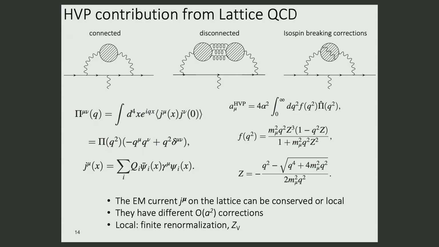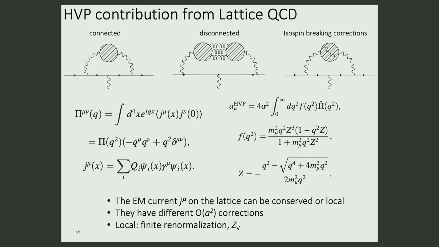And you Fourier transform that, and you get a vacuum polarization function that basically from Lorentz symmetry and gauge symmetry has 2 terms, and they both have the same coefficient, which we call the vacuum polarization. And again, you stick this vacuum polarization into basically this one-loop diagram, and you integrate over all q squared, where q squared is the space-like momentum running around in this loop, and you get the contribution to A mu.